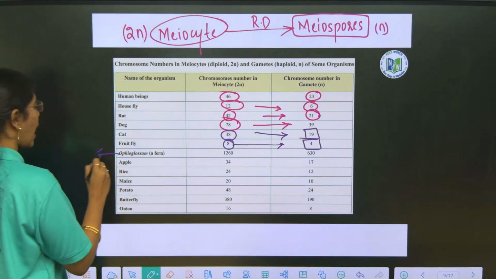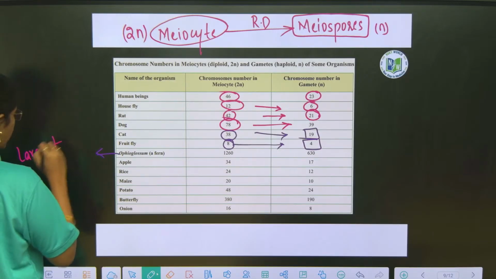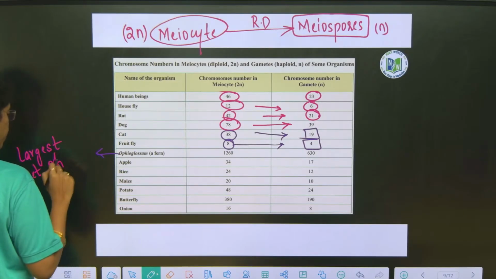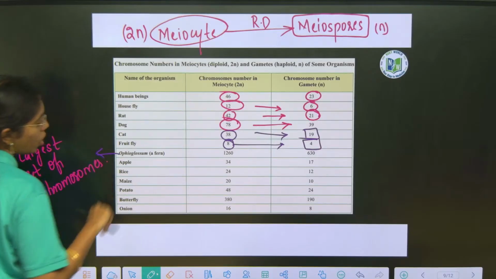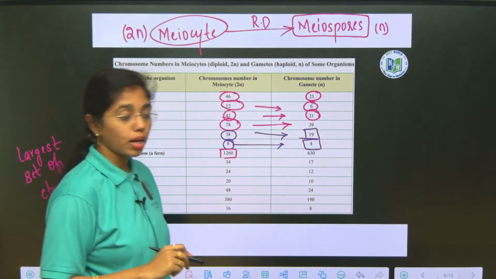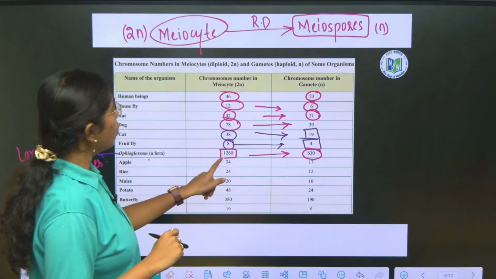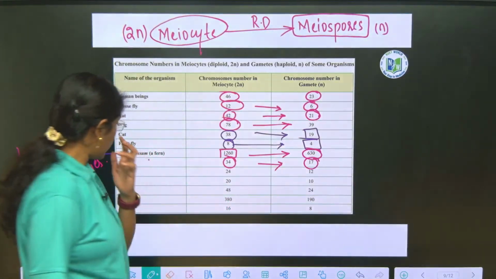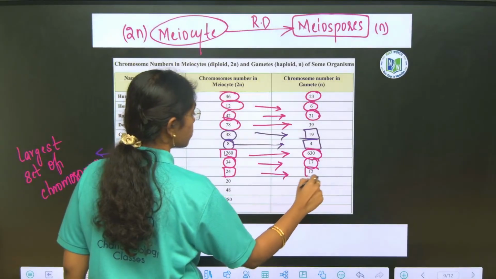Ophioglossum has the largest number of chromosomes. Remember, it has been asked quite a few times in previous papers. Ophioglossum, which is a fern, has 1260 chromosomes in the diploid set, and the haploid set is 630. Next, apple, whose diploid set is 34 chromosomes and haploid set is 17. Rice has 24 chromosomes in the complete set and the haploid set is 12.